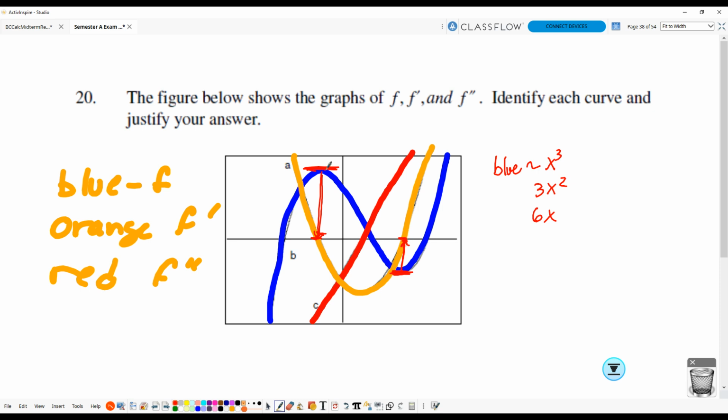And then he said the slope from this to that is negative, so the derivative needed to have a negative value. Then reasoning the orange one, the orange one has a 0 horizontal, 0 slope, and its derivative crossed 0 there. The orange one had a negative slope, so this was negative.